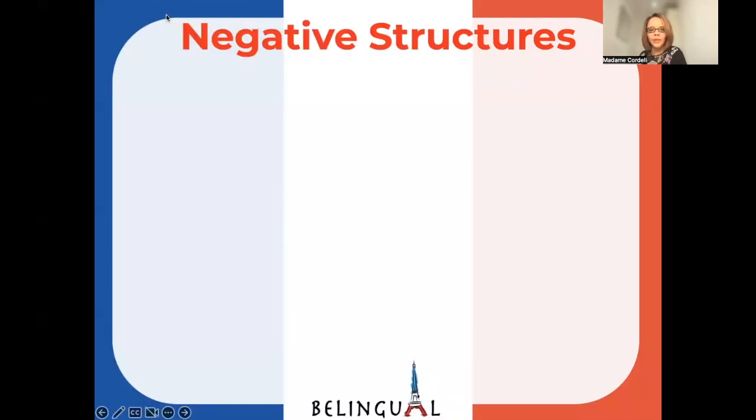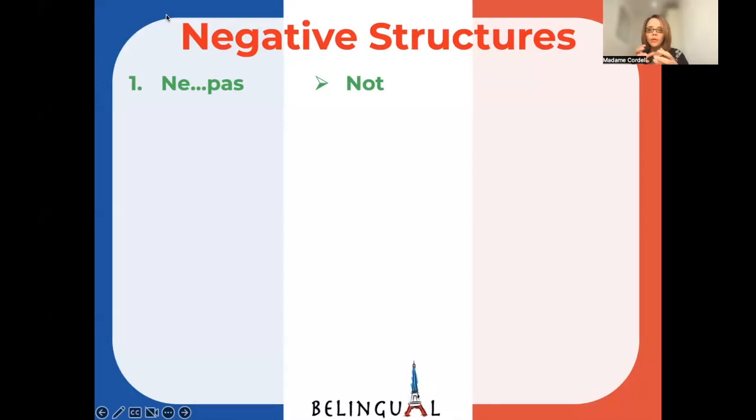Now we are going to look at the negative structures in French, okay? So the first one you would have learned is probably ne pas, which translates into not, okay? So the thing to remember with regards to the negative structure in French is that we sandwich the verb systematically all the time, okay?